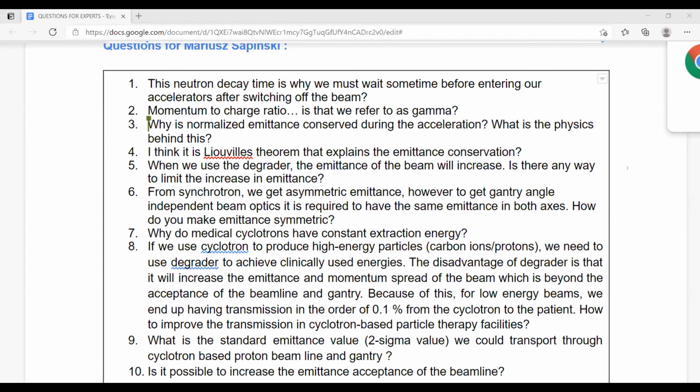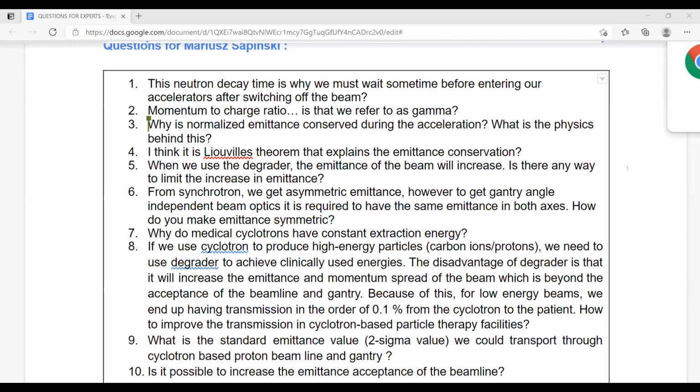Question number 5: when we use the degrader, the emittance of the beam will increase. Is there any way to limit the increase of the emittance? Yes. So first of all, you try to focus on your degrader if you can, because sometimes the beams have so much energy that if you focus, then you destroy the element. But if you focus on your target, then in principle, the particles coming after the target have a smaller emittance increase.